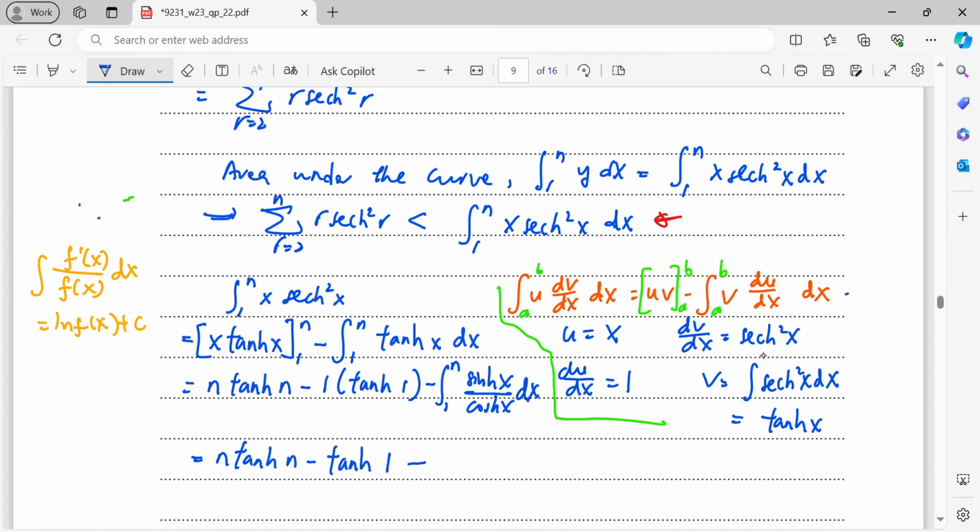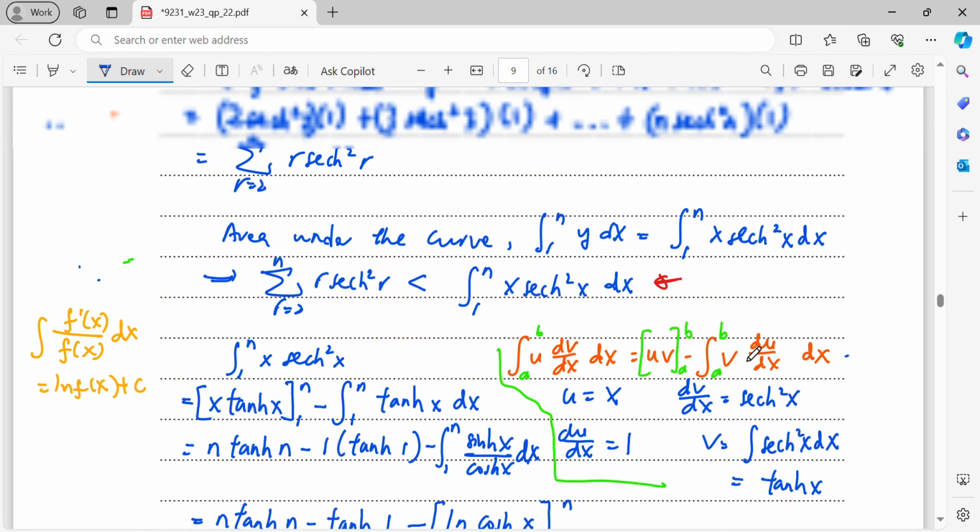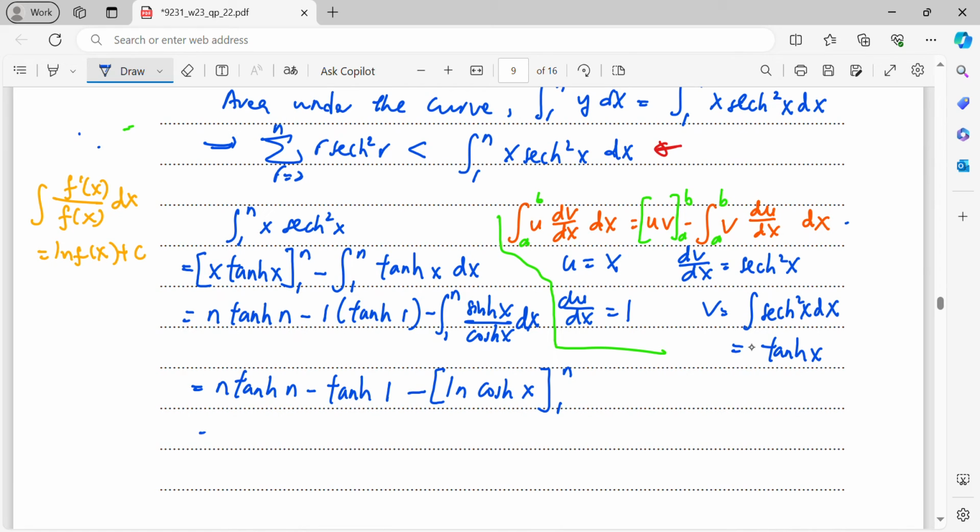Then this integration is basically minus ln cosh x, with limits 1 to n. Now when I replace the limits, I will get minus ln cosh n minus, so minus minus, probably I show it step by step, cosh 1.